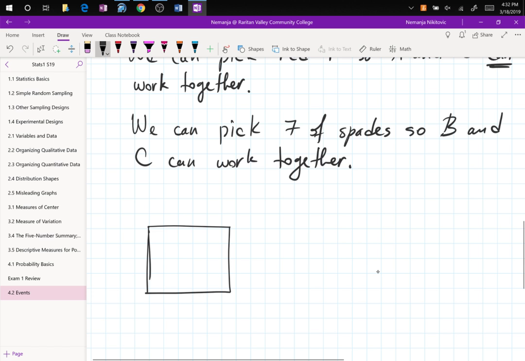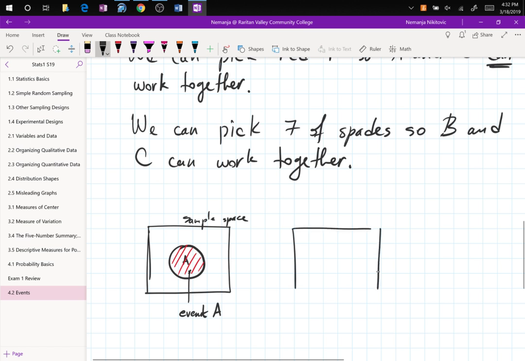In Venn diagrams, it's called the universe, but we call it sample space. And you have an event. So this would be your event A. And I'm going to shade what I'm talking about.